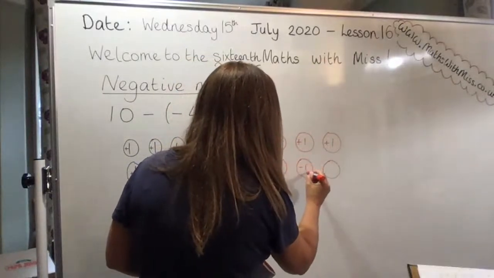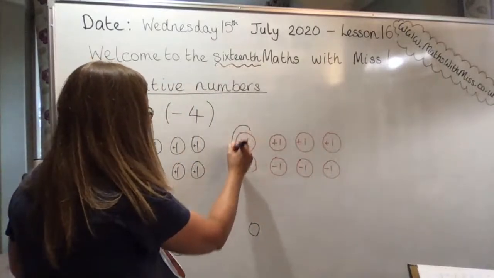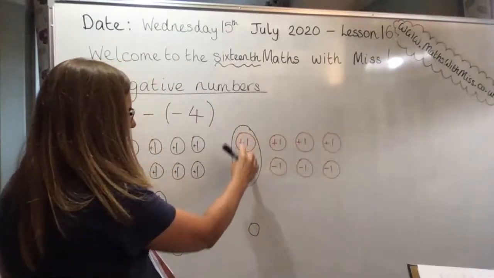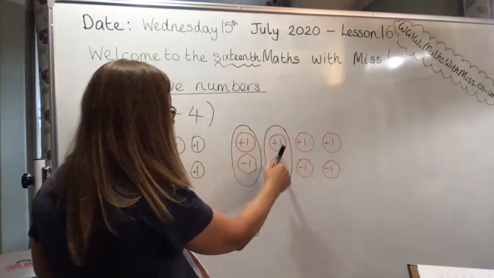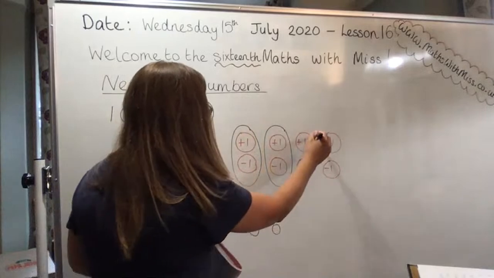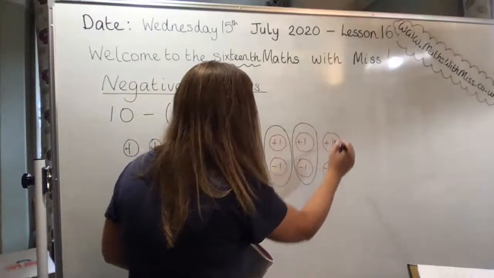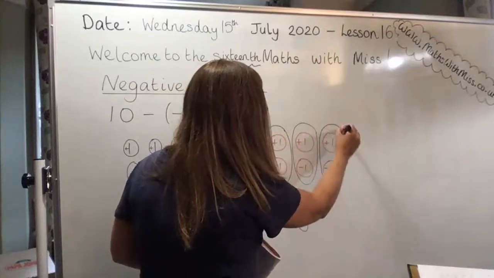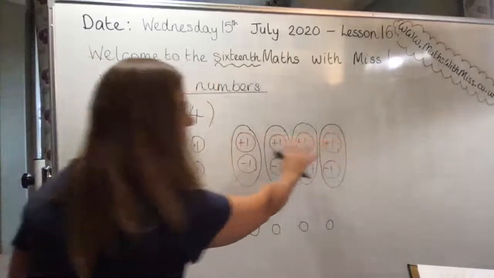Hopefully, you can see that this pair here sums to 0. This pair here sums to 0. This pair here sums to 0. And this pair. So I've still just got 10 on my board.